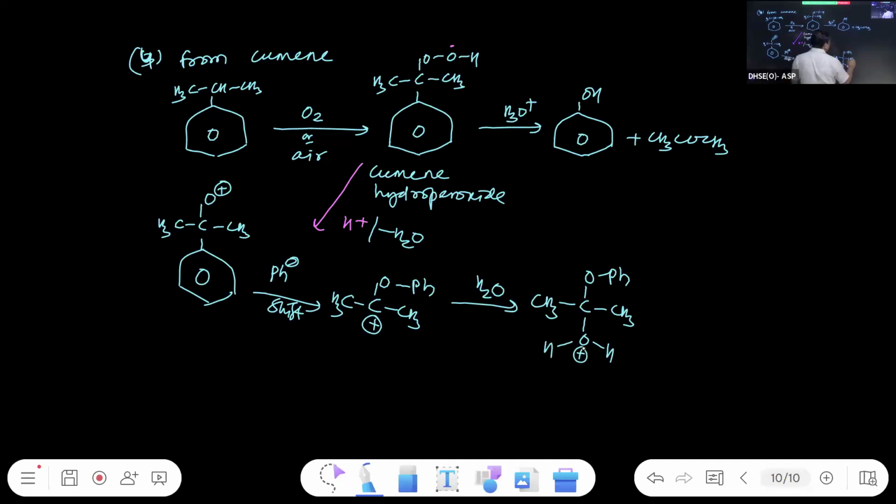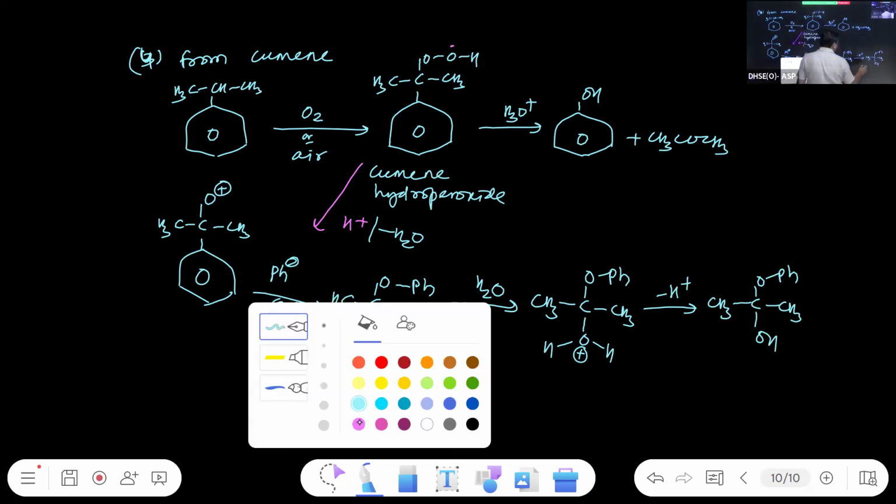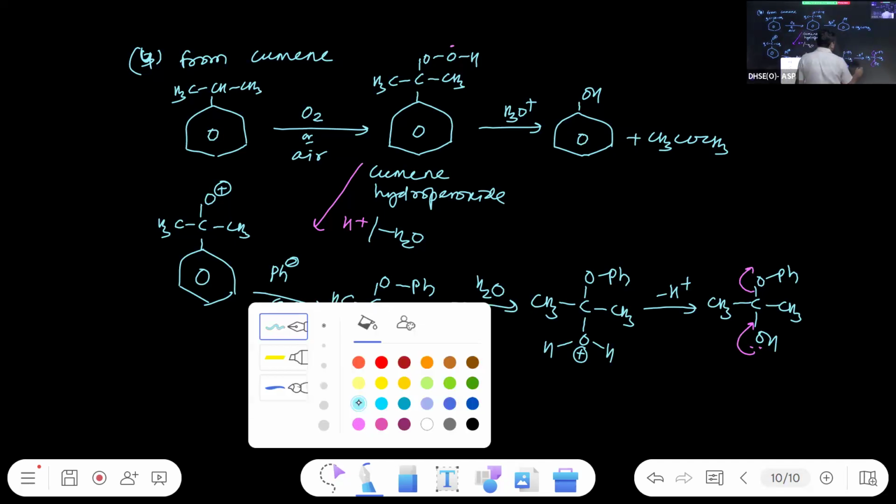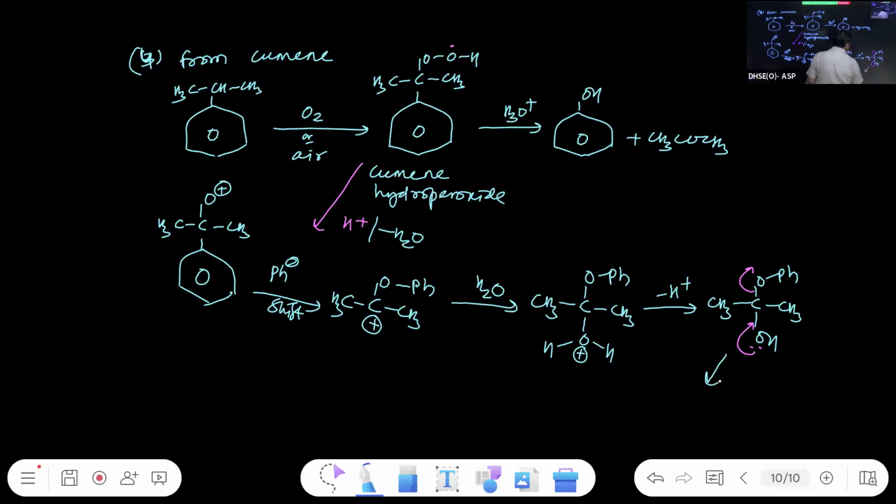OH2 plus. Next step, minus H plus. Okay. So next, phenoxide is one of the better leaving groups. Now this can be stabilized by resonance.